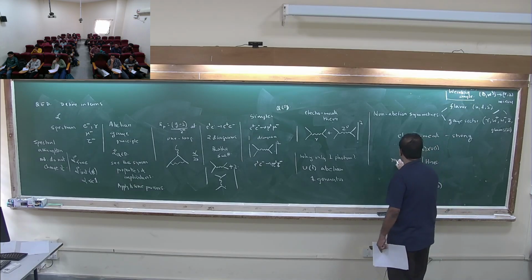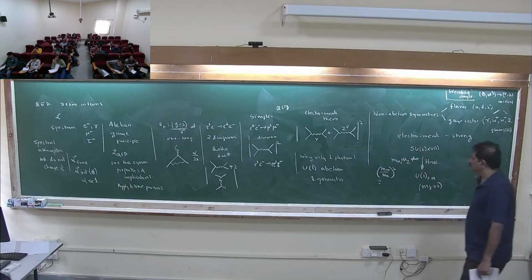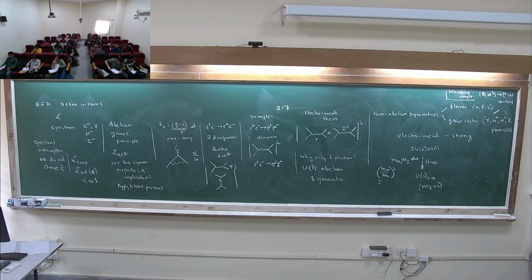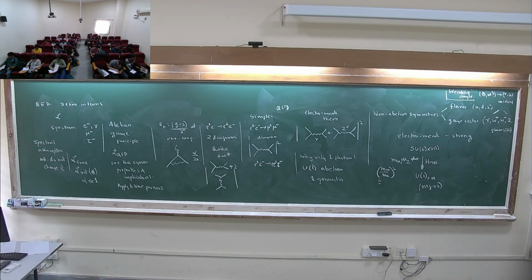However, MW and MZ are not equal to 0, and MW over MZ squared is an important parameter, and I'm going to ask you what this is equal to. Please look up Google and tell me what MW and MZ are. I think we already gave a number the other day.